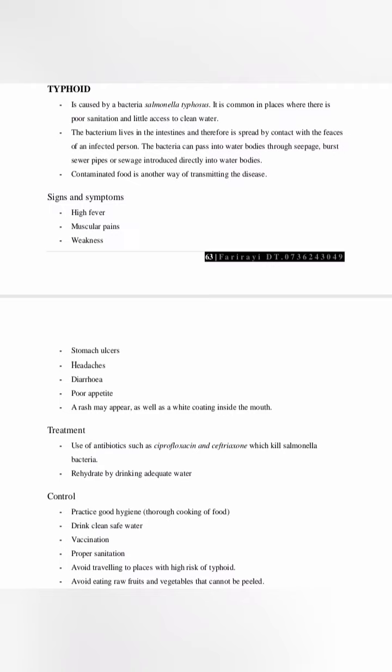You must also avoid eating raw fruits and vegetables that cannot be peeled, especially at places where there is a high risk of typhoid. You rather stick to things that you can peel than fruits that you eat directly.